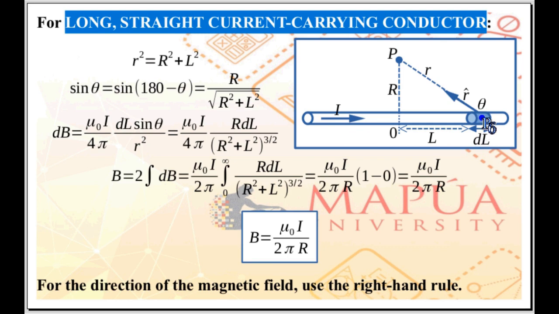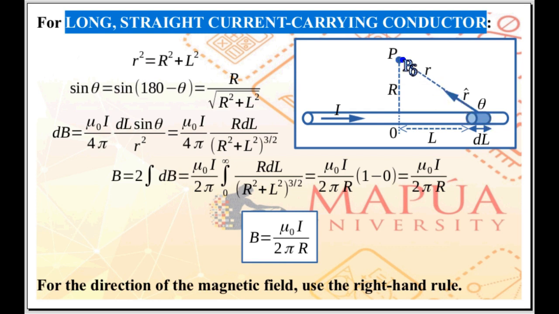And we consider the magnetic field produced by this segment at point P. Point P is distance capital R from the center or middle of the conductor. dl is distance small r from point P.